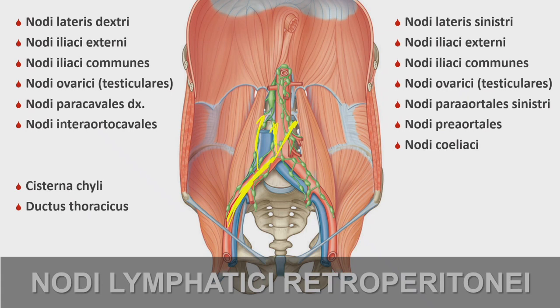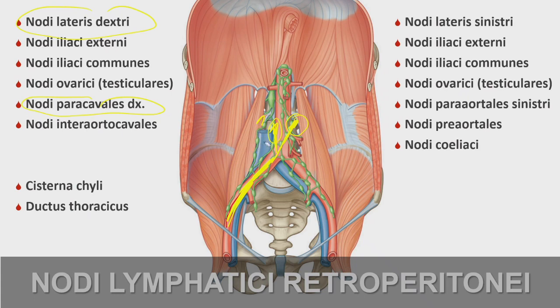So right are also paracaval, those are paracaval, and those interaortocaval, but if you have some drainage from the right one, it could be also in the left part of the retroperitoneum. So the tumor which is affecting the right part of the pelvis could have lymph nodes here.